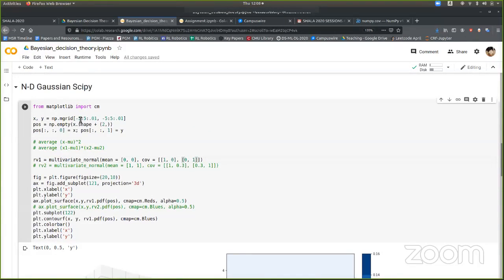If you give -5 to +5 with step 0.01, this will give you points spaced 0.01 apart from -5 to +5, and it will do it for the first dimension, and we are doing the same thing for the second dimension as well. So now our x will contain the x coordinates and y will contain the y coordinates. Each of them will be two-dimensional arrays.